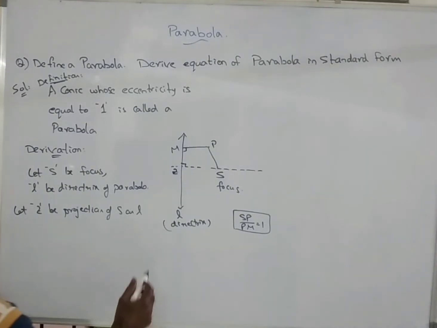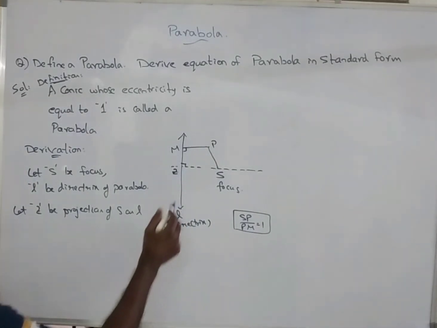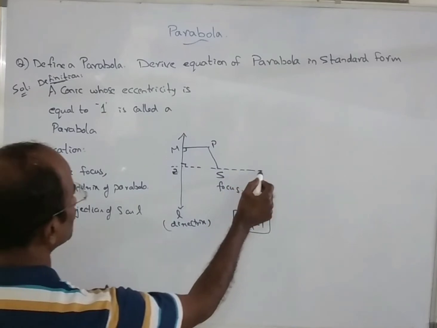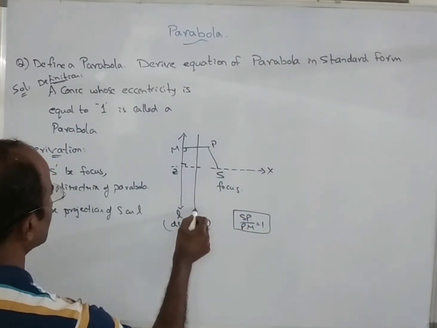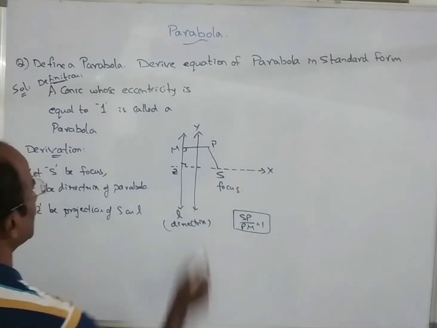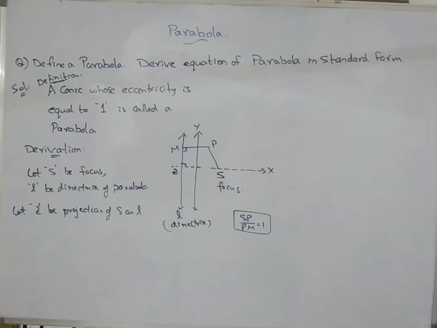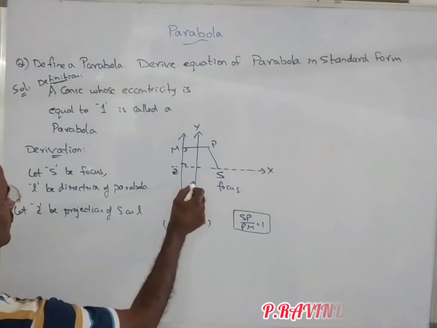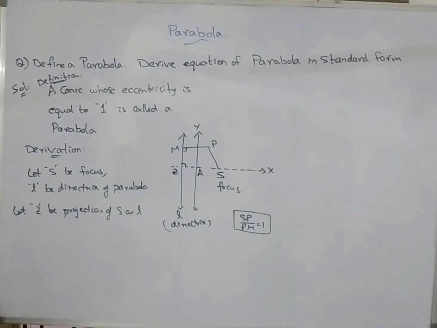Okay. Now what we do is, see here. Let us consider this as the x-axis and this as the y-axis. A line parallel to the directrix. And let this line meet this one at A. And we consider like this.